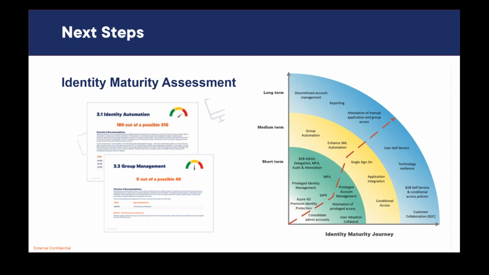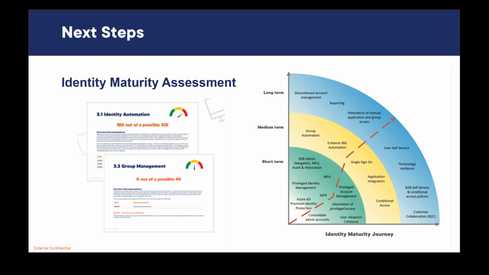If you're looking at the identity and security transformation that needs to happen at your organization and you don't know where to start, at Identity Experts, we can provide identity assessments on your current environment and provide a report with short, medium, and long-term recommendations for improving the identity maturity in your organization.